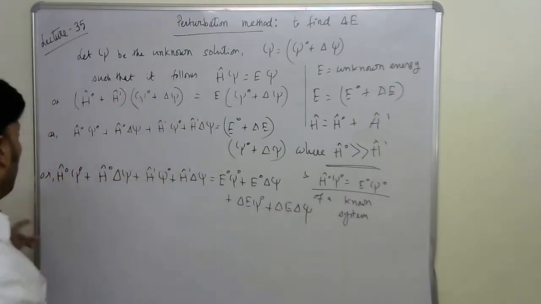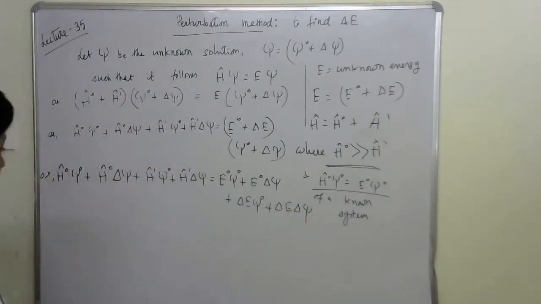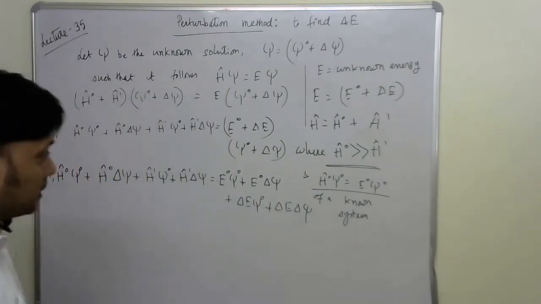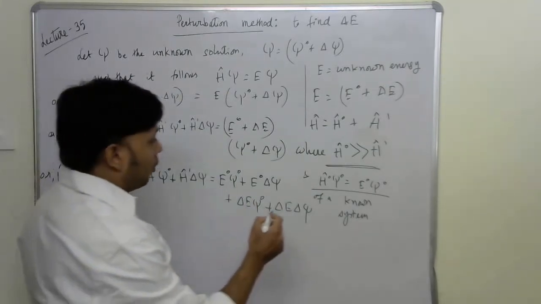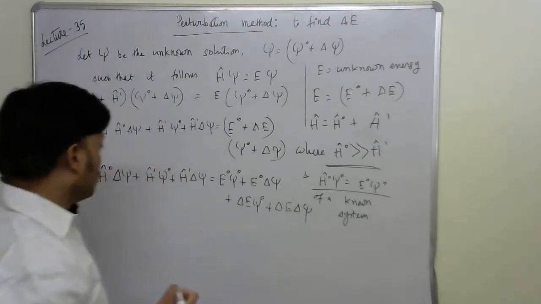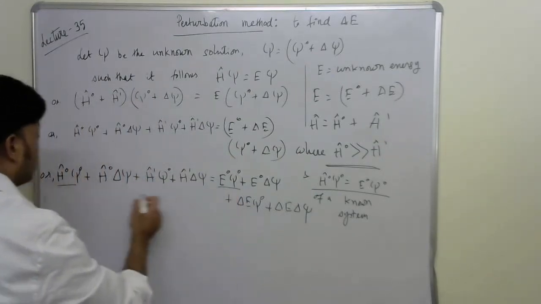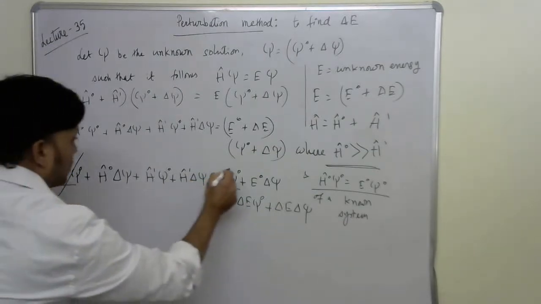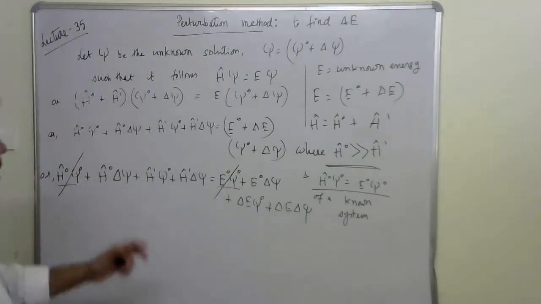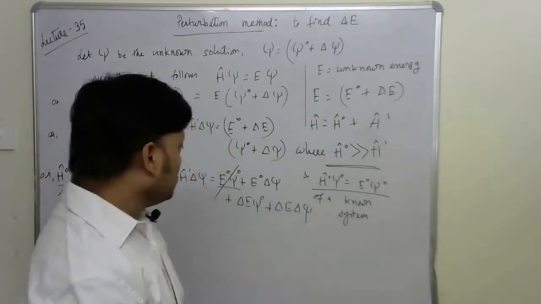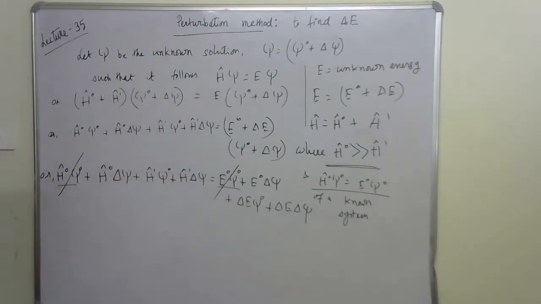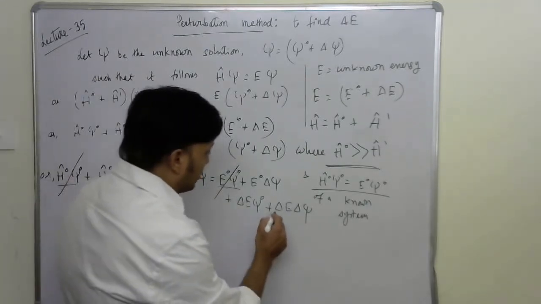So here we have four terms on the left hand side and four terms on the right hand side. We already have H naught psi naught equal to E naught psi naught, so we can find those two terms, and since those two are equal on both sides, we can now cancel them out. Another thing is that we also have a delta E delta psi term.